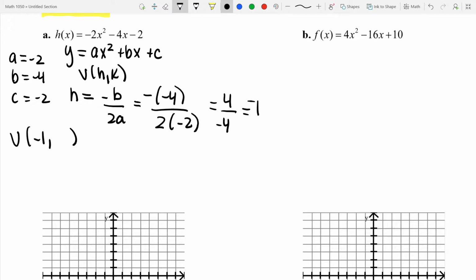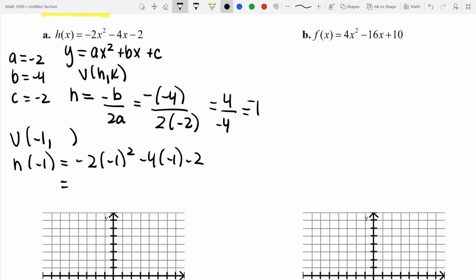Everybody in the room, how do I find the y coordinate of my vertex? Plug it in. That's easy, right? Everybody go h of negative 1 equals negative 2 parenthesis, negative 1 close it, squared, minus 4 times negative 1 minus 2. I want you to put an equal sign right underneath that equal sign. Then grab your calculator, your $10 calculator you bought on Amazon. We're going to put that whole thing in our calculator, just the way we see it.